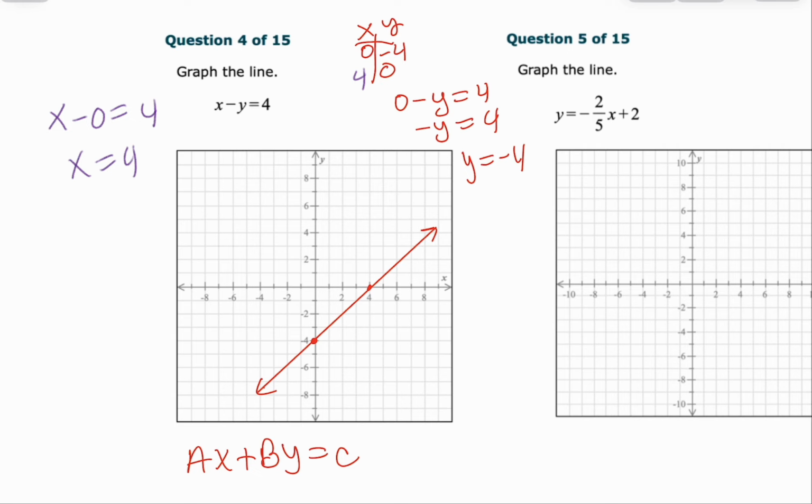We just found the x-intercept was (4, 0). The y-intercept was (0, -4). And we can use the graph of the line. This is an increasing line with a slope of +1. So by just being able to graph the line, we know lots of information about our line.